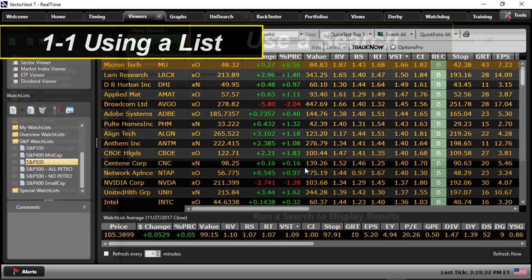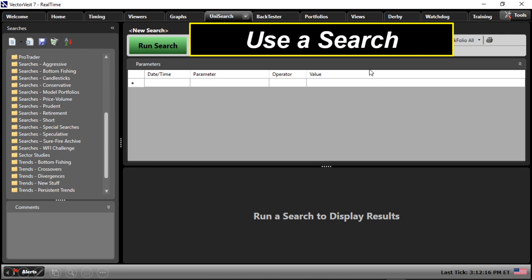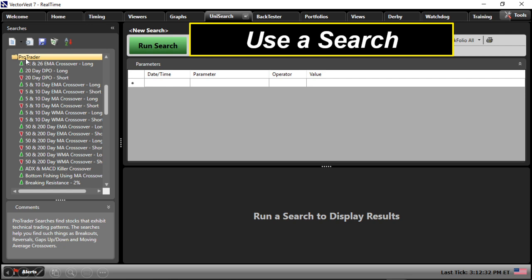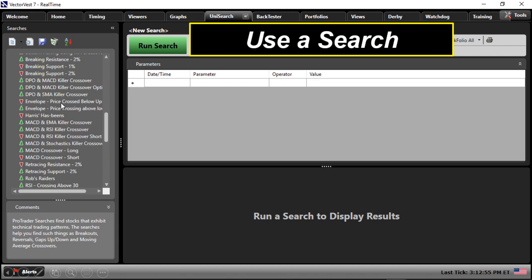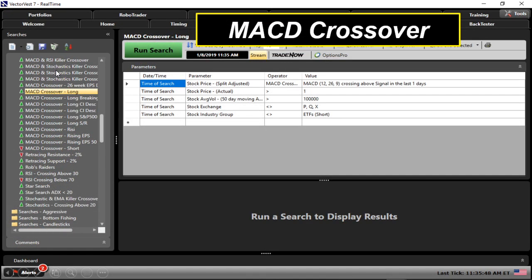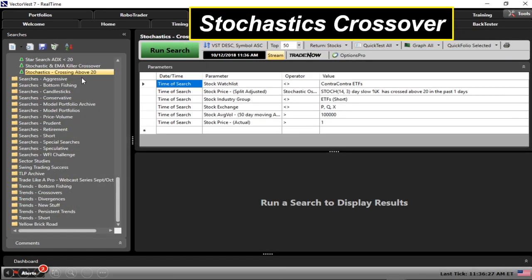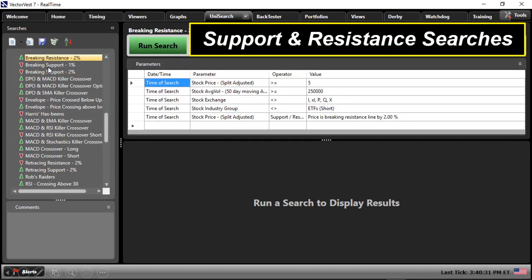Now, the easier way is to use a scan, to use a search. Within the VectorVest program, within our real-time program, we have a tool called ProTrader. It's a technical analysis scanning tool. It scans for things like moving average crossovers, MACD crossovers, both bullish and bearish, stochastics crossovers, and support and resistance, all four that we talked about.